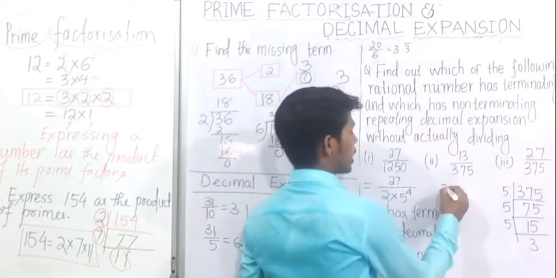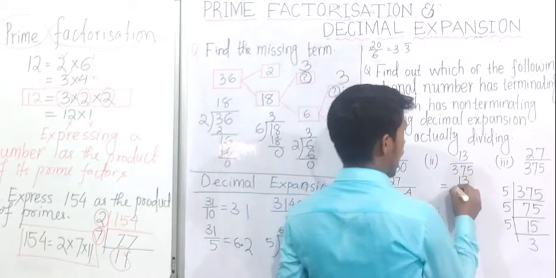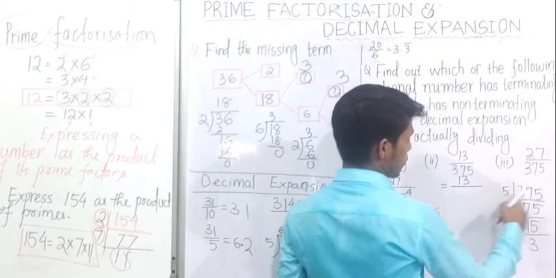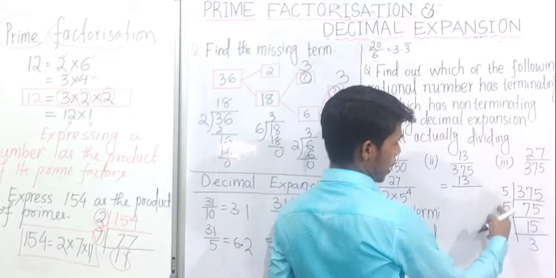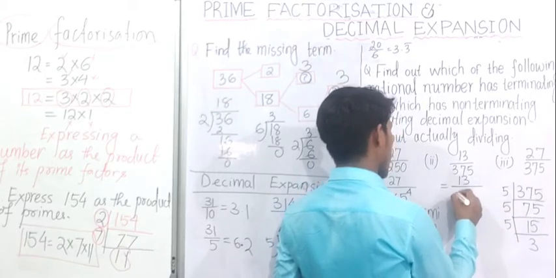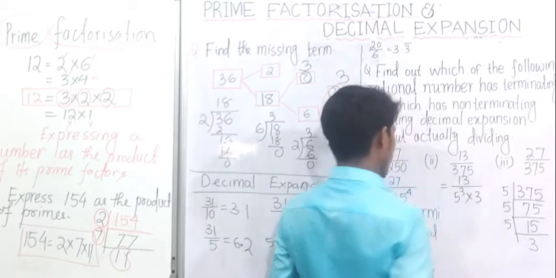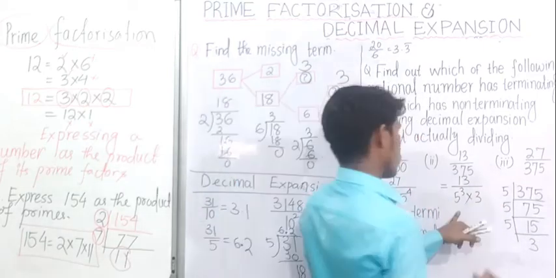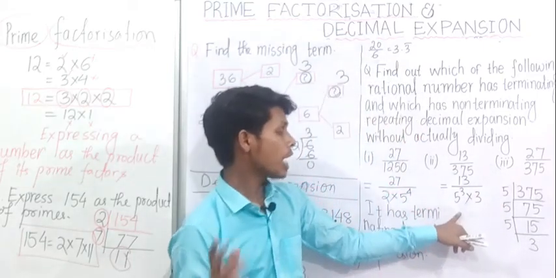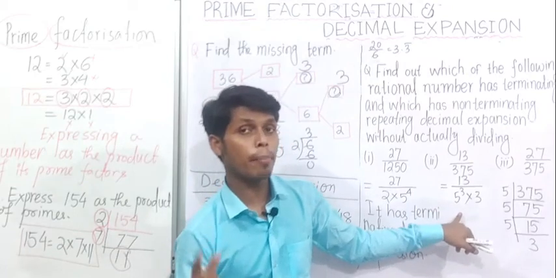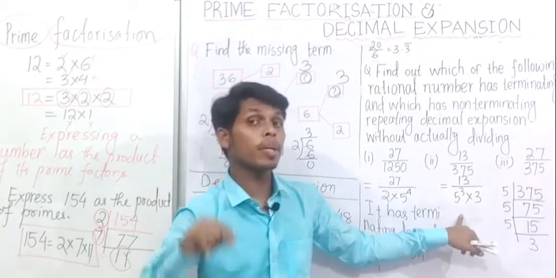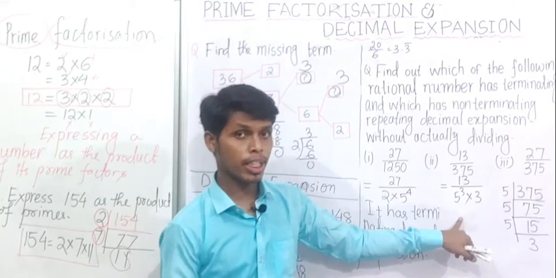Now we can write 13 by 375 as 13 by, in place of 375 we can write 5, 5, 5, 3 5s are there, so 5 cubed multiplied by 3. So here what happens, we got 5, as we just learned that if the prime factorization contains only 5, then it will have terminating decimal expansion.